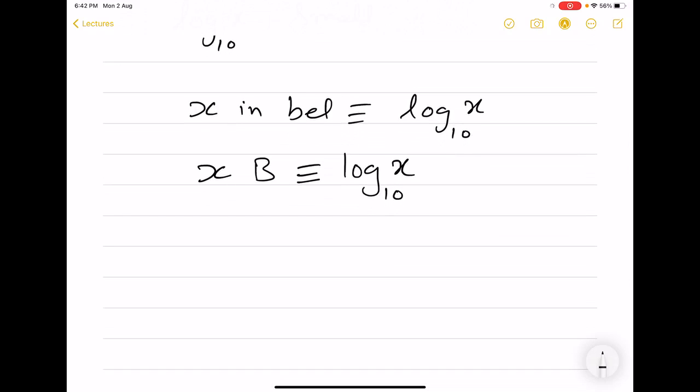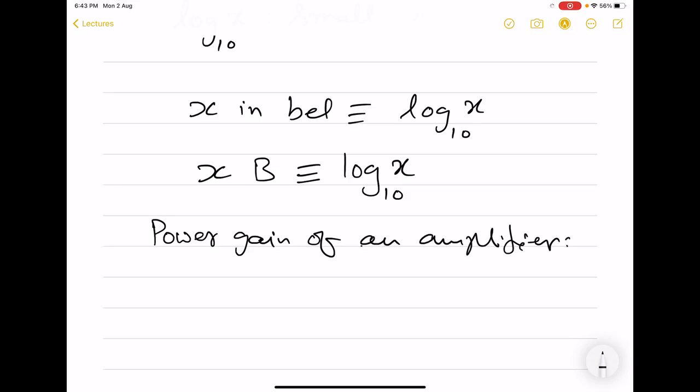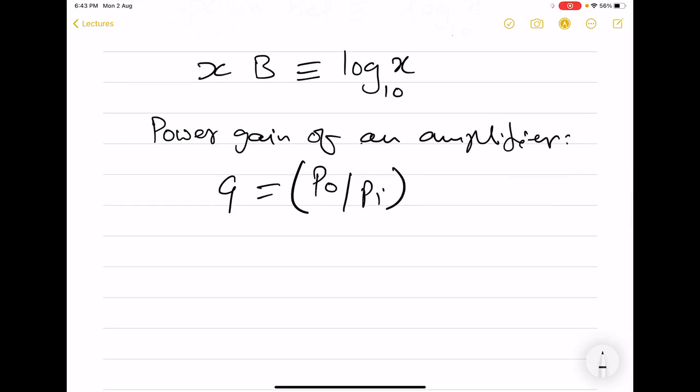In electrical engineering, there are many situations where we encounter unitless quantities. For example, the power gain of an amplifier, which is designated as capital G, and this will be equal to output power divided by input power. This quantity is clearly unitless because both the powers are in the same unit of watt.